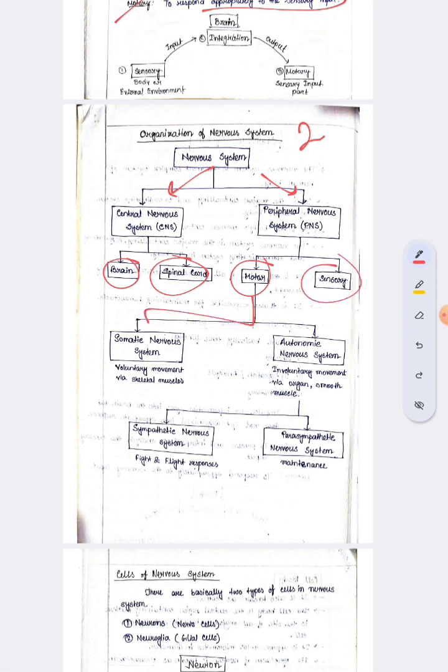Motor nervous system: somatic and autonomic. Somatic nervous system: voluntary movement via skeletal muscle. Autonomic nervous system: involuntary movement via organs and smooth muscle. The autonomic nervous system is further classified into sympathetic and parasympathetic nervous system. It can also be asked in 5 marks.